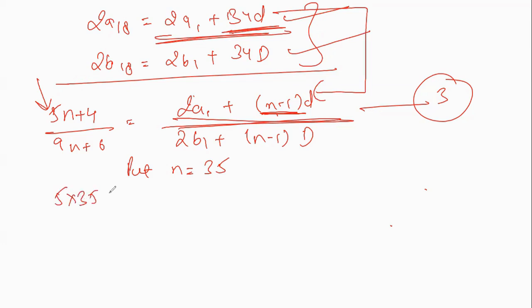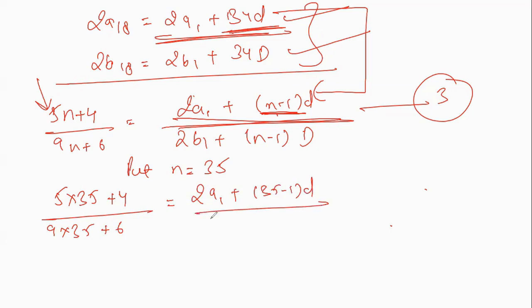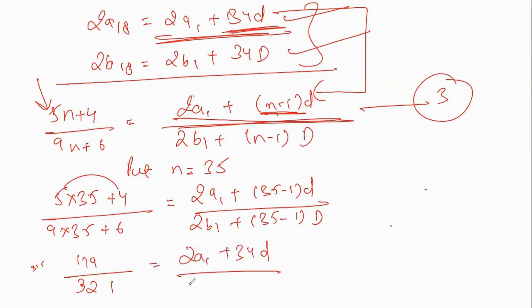So 5 times 35 plus 4 over 9 times 35 plus 6 is equal to (2a1 plus (35 minus 1) d) over (2b1 plus (35 minus 1) capital D). When I solve this, 175 plus 4 is 179, and 9 times 35 is 315, plus 6 is 321. That is equal to (2a1 plus 34d) over (2b1 plus 34 capital D).